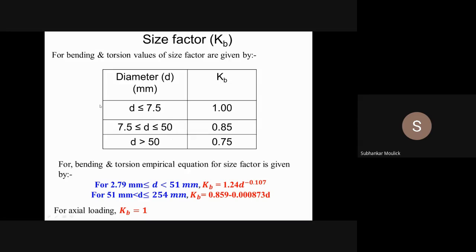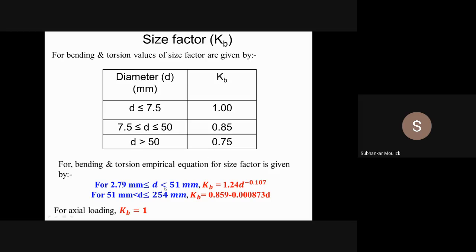Now see, in this chart, if the diameter is greater than 50 mm, you have to take KB equal to 0.75. But say if the diameter is 100 mm, 150 mm, 200 mm, then how to take the value of KB?